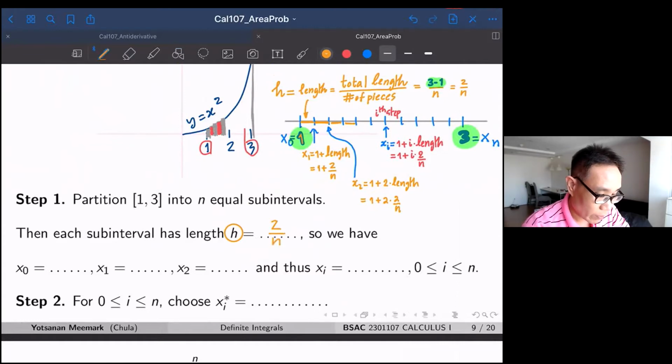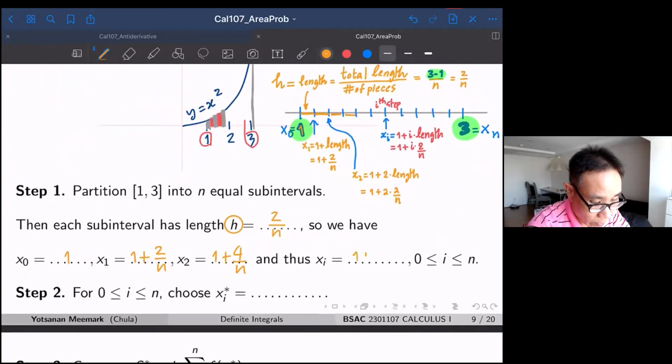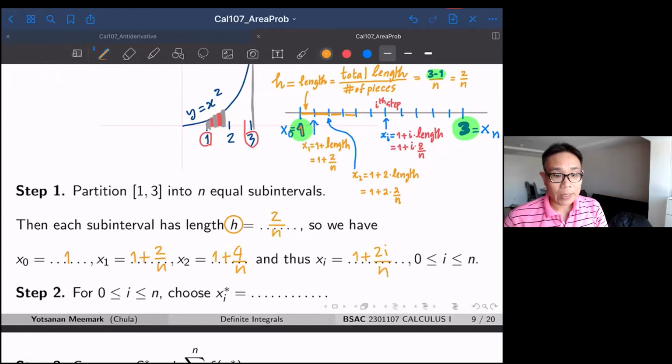Okay, I have x0 equal to 1, x1 equal to 1 plus 2 over n, x2 turned out to be 1 plus 4 over n, and xi is 1 plus 2i over n. Okay, and you just choose xi star to be just your xi, so it's going to be 1 plus 2i over n. Okay, so this is how we fill it.